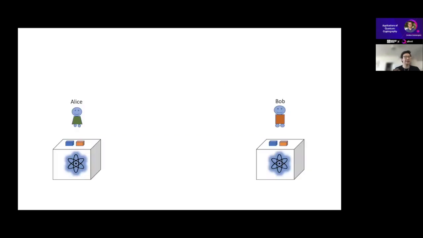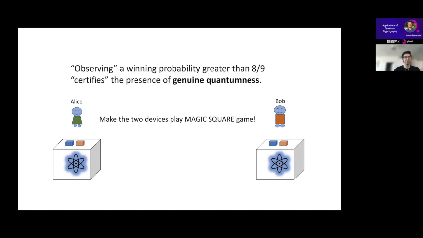Well, suppose Alice and Bob each have one device and that these devices are allegedly sharing some entangled state. Well, then what Alice and Bob can do is make their devices play the magic square game, right? They each pick uniformly random questions for their devices, they get answers, and after the game ends, they talk to each other and they just check whether the games were won or not. So they can repeat this process many times.